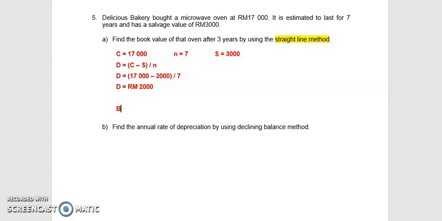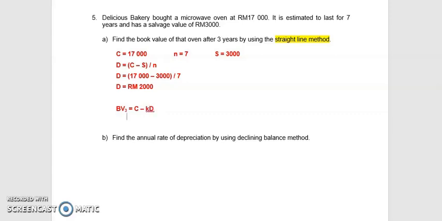So book value year 3, BV3, equals C minus KD. BV3 equals cost, which is 17,000, minus K. Since it is year 3, K equals 3, and D is 2,000.